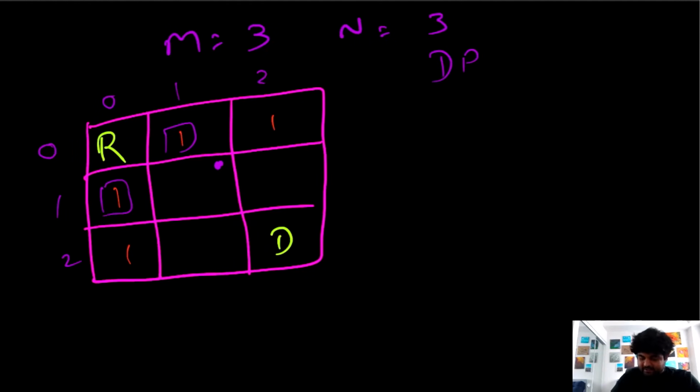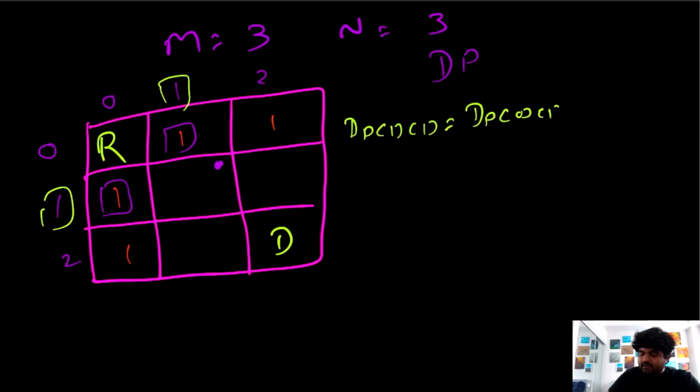Mathematically we can write it like this: DP of 1 1 is equal to DP of 0 1, which we have already calculated, which is this value, plus DP of 1 0, which is this value, and the sum of these two will give us this value.